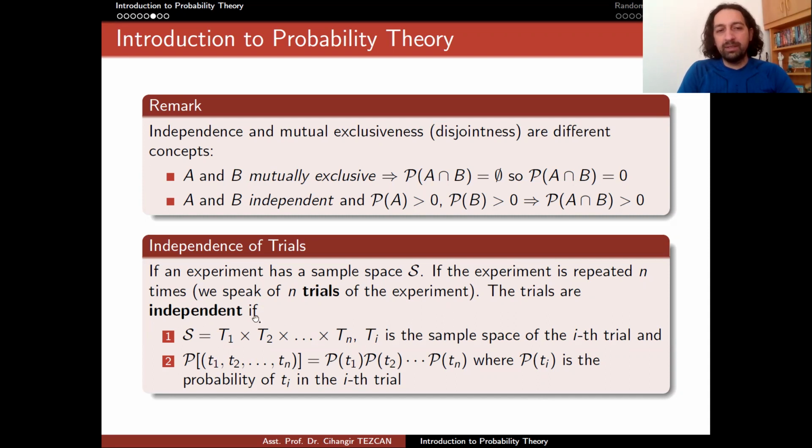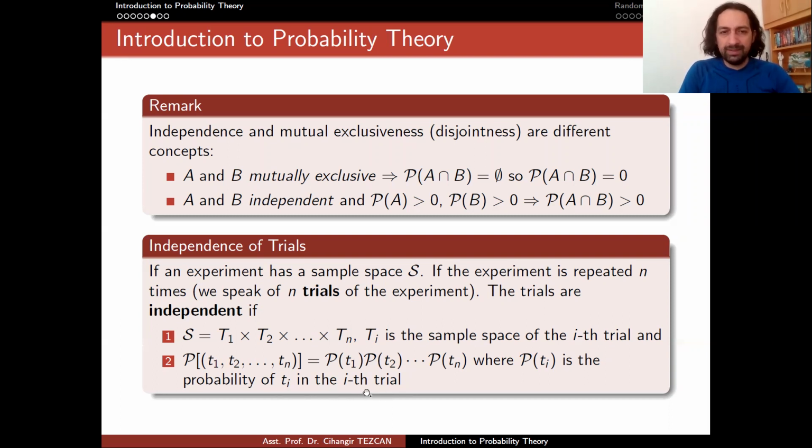The trials are independent if the sample space can be written as the multiplication of the n sample spaces, where Ti is the sample space of the ith trial, and the probability of any outcome in these n trials is the product of the independent probabilities: probability of T1 times probability of T2 times probability of T3 until probability of Tn, where probability of Ti is the probability in the ith trial.